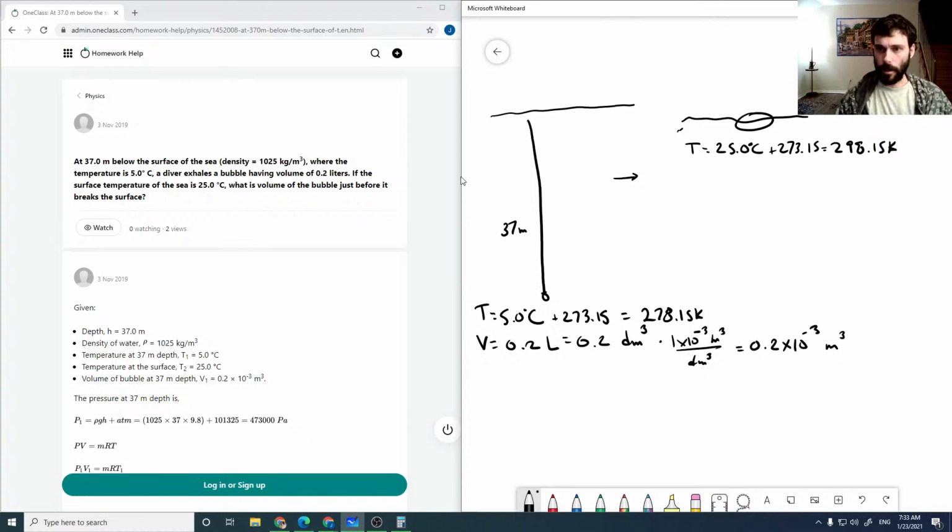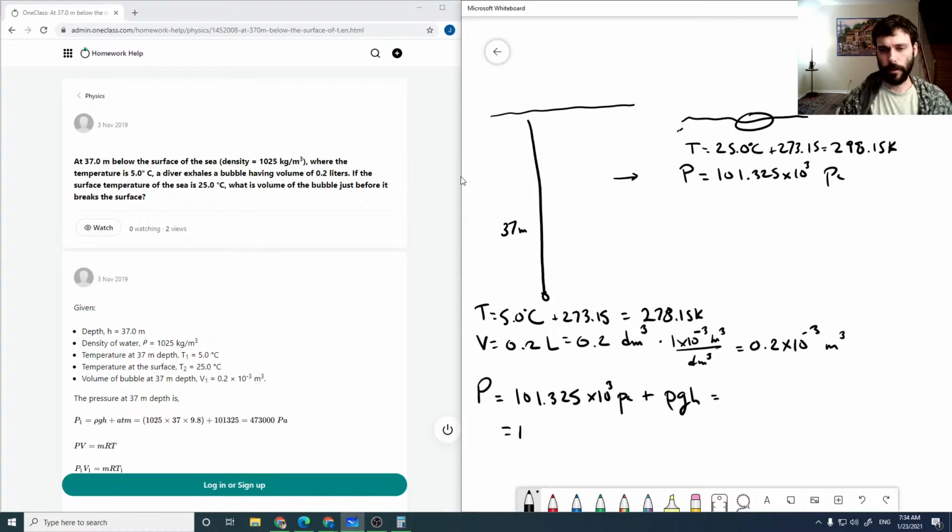Okay. And the pressure at the surface is going to be 101.325 times 10 to the 3 pascals. And the pressure here is going to be 101.325 times 10 to the 3 pascals plus rho g h, where h is our height.